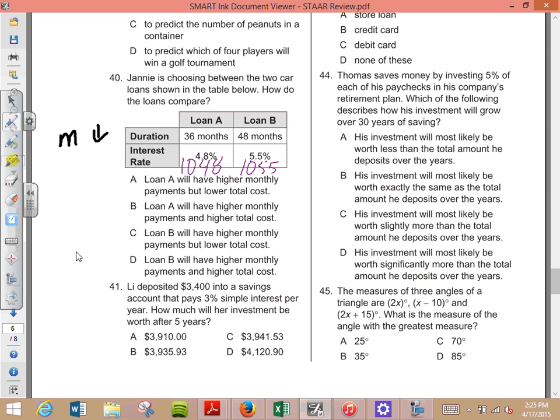I believe loan B is about 21 and the other one is about 29. So loan B has a lower payment and loan A has a higher payment. So yes, loan A has a higher monthly payment, but the total cost is lower. So A is right, the other ones are not.